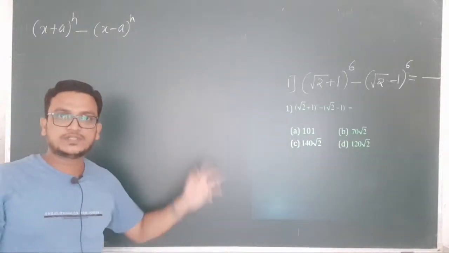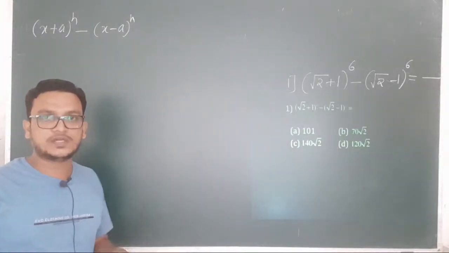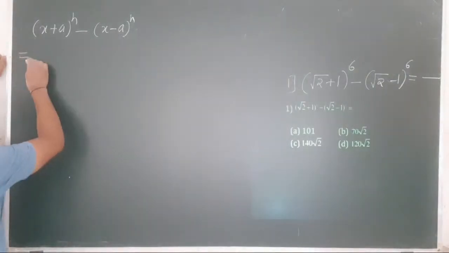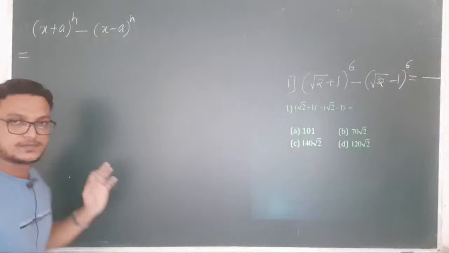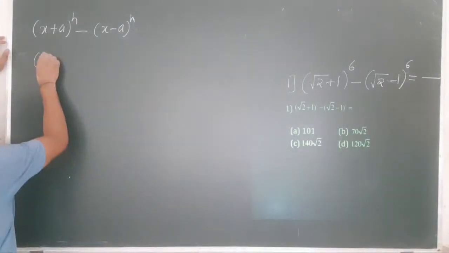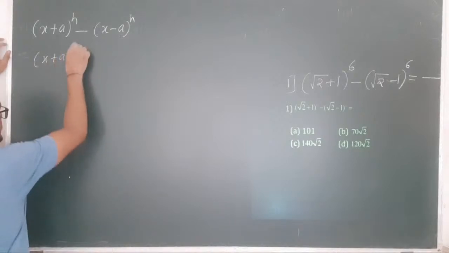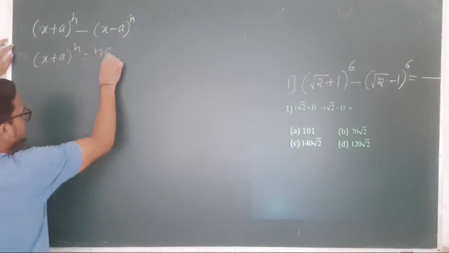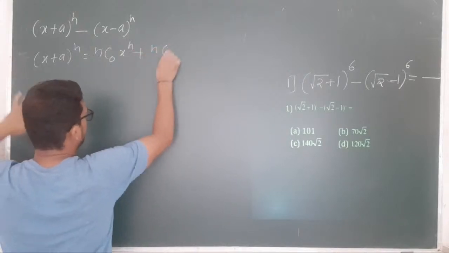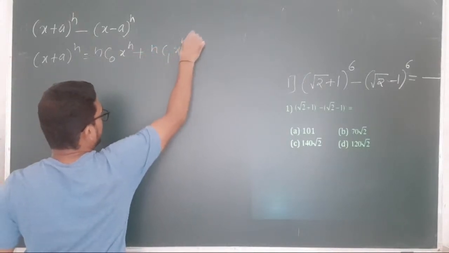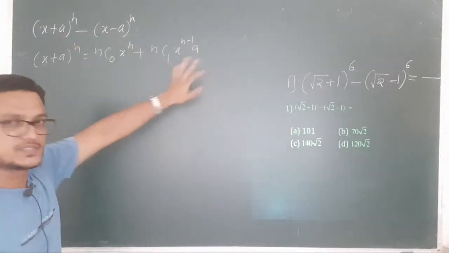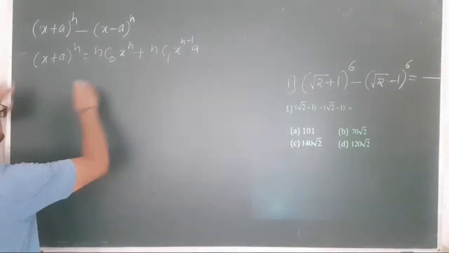Now you know both the expansions. When you write it, I'll show you first, simply. If it is (x plus a) to the power n, what do you write? nC0 x to the power n plus nC1 x to the power (n minus 1) into a. Actually there are up to n terms, but I'm just showing you two terms here.